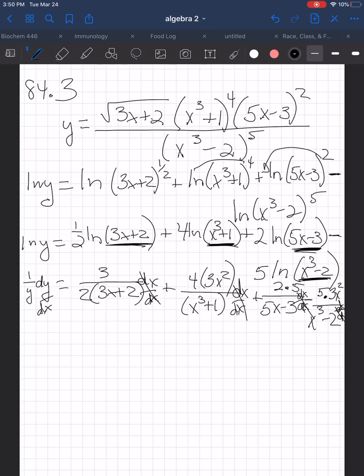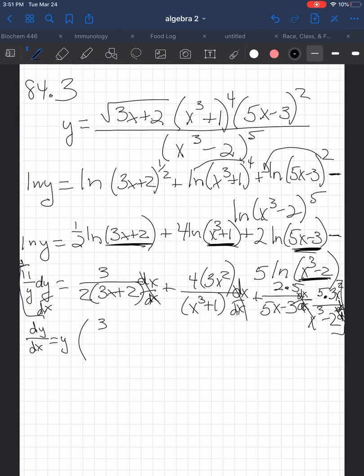Okay, and then we've got to get rid of this 1 over y, so we multiply the entire problem by y over 1. So this will be dy dx equals y times, trying to see how much we're going to simplify this.